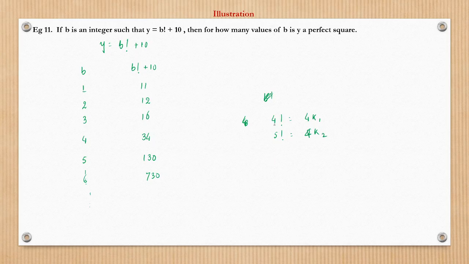So for b greater than or equal to 4, b factorial plus 10 can be written with b factorial as 4k1, and 10 as 4k2 plus 2. So this is nothing but 4 taken common, it becomes 4 into k1 plus k2, another variable, say k, plus 2.